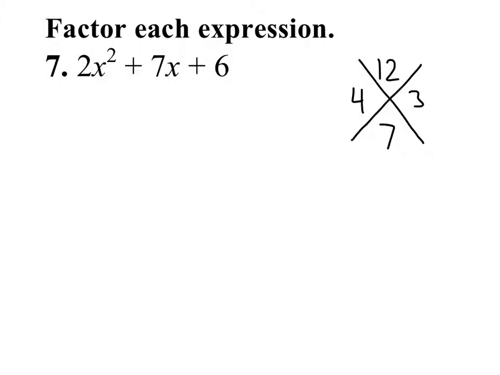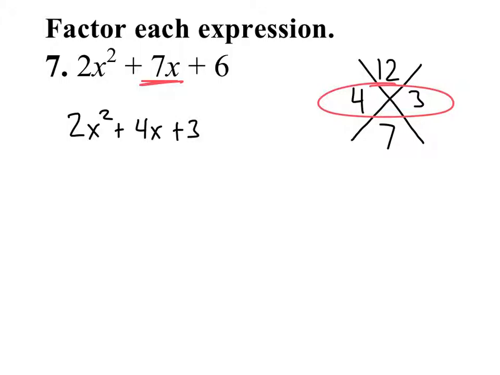Again, just like yesterday, we take those values to rewrite our middle term. So 2x squared plus 4x plus 3x plus 6. Now, just like yesterday, we have 4 terms, so we can factor by grouping.